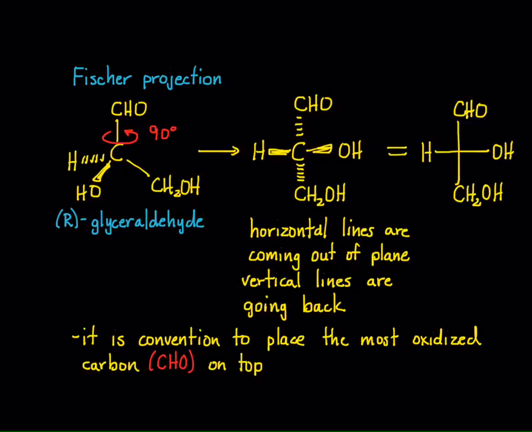So the aldehyde carbon always goes on the top. When you're drawing a Fischer projection, you always orient the aldehyde carbon on the top. That's going to be very important because there are many ways to draw Fischer projections, but convention says that for carbohydrates, to make things easier for us, we always place the most oxidized carbon on the top.